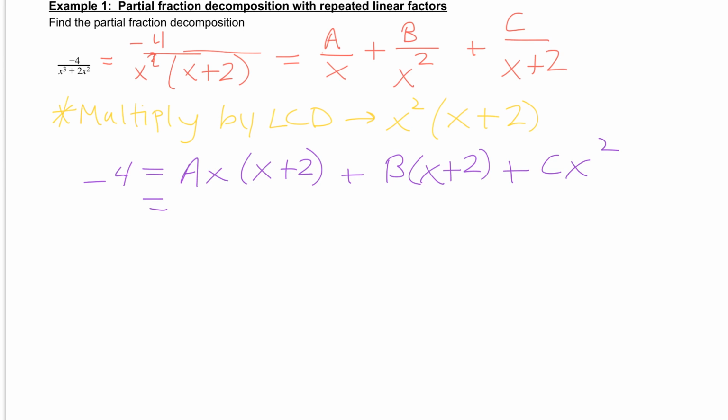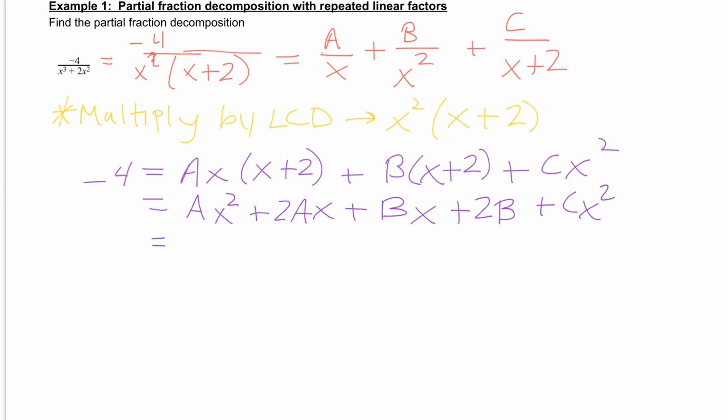Then from here I'm going to multiply it out. Ax times x is Ax squared. And then Ax times 2 will give me a positive 2Ax. Multiplying my B times x would be Bx, and B times 2 would be 2B. And then I still have my Cx squared. Then I want to group together my x's, my x squareds, and my constants.